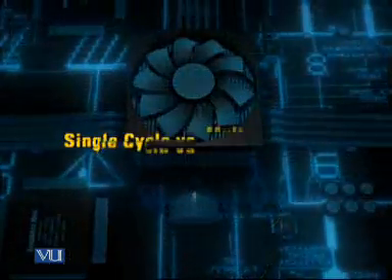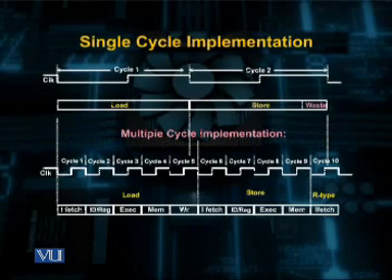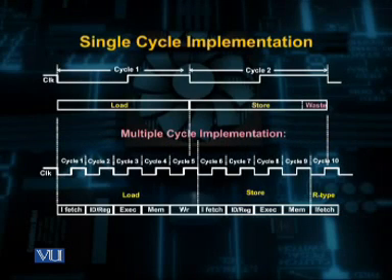So considering this, we can now look into this diagram and see how effectively we are using the time available in a single cycle data path as compared to the multi-cycle data path, and then how we can improve upon the performance of the system in terms of time required to execute an instruction or a program which may be consisting of different types of instructions.